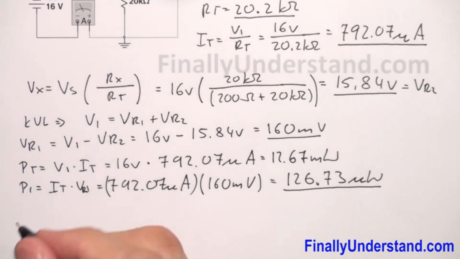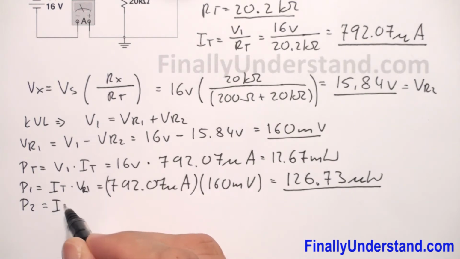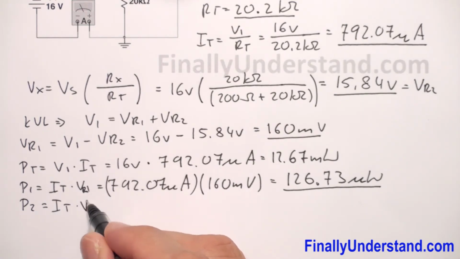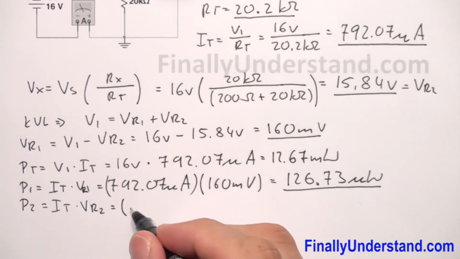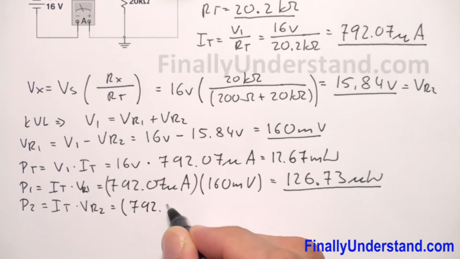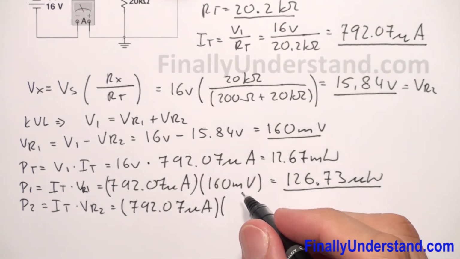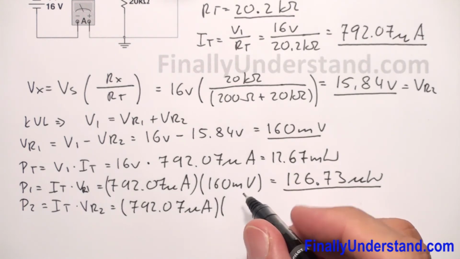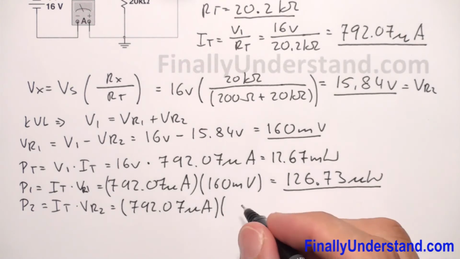Now I can find P2. P2 is equal to I total times the voltage across resistor R2. So I have 792.07 microamps times VR2, which we found is 15.84 volts.